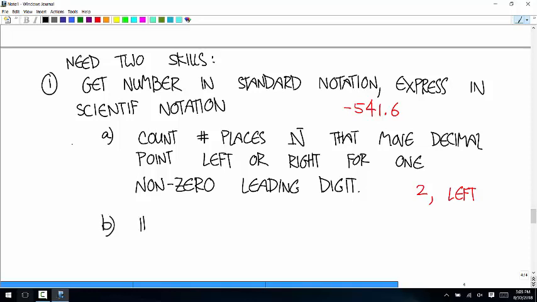And then if you moved it to the left, you're going to multiply by 10 to the positive n. If you had to move it to the right, you're going to multiply by 10 to the negative n.